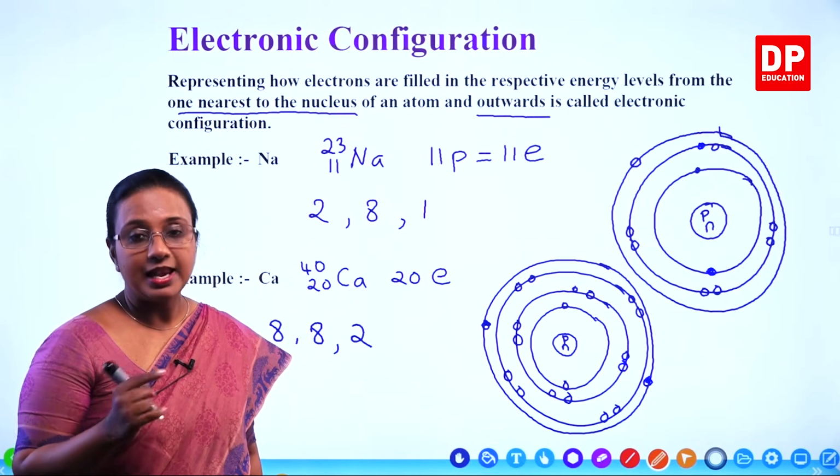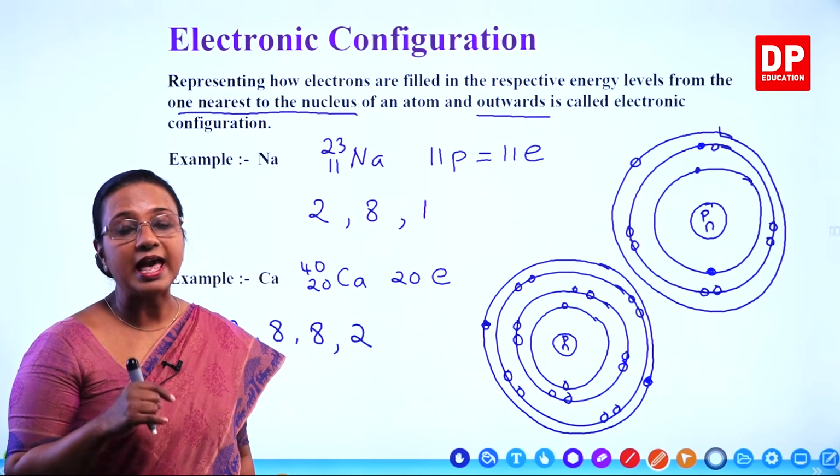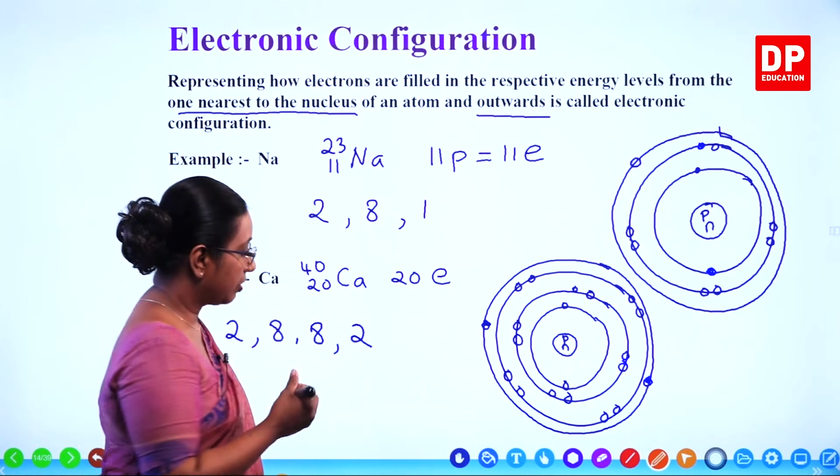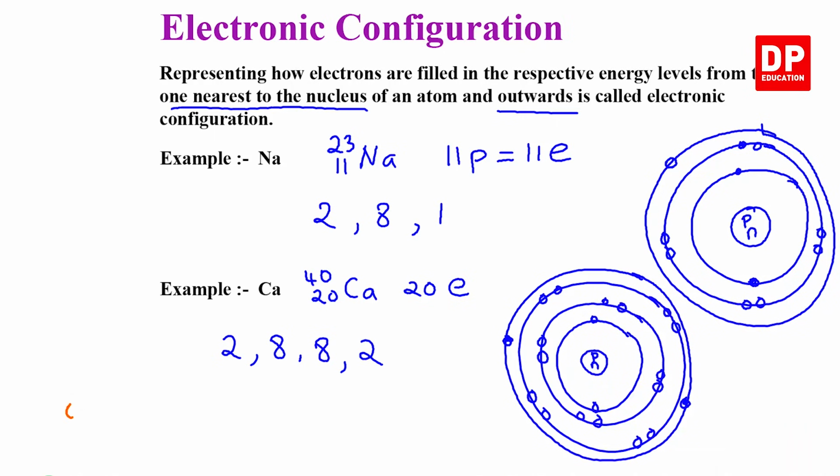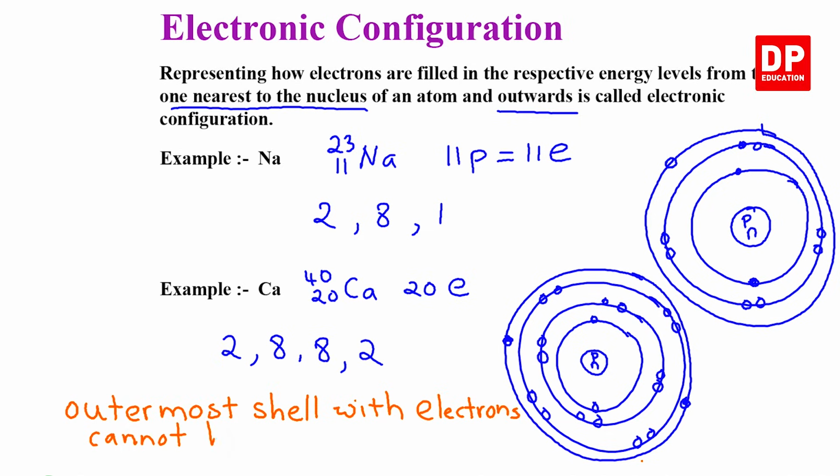So remember students, although there are 18 electrons possible in the third shell, if that becomes the outermost shell that has electrons, it can't be more than 8 electrons. So I will write that as a note. Outermost shell with electrons cannot have more than 8 electrons.